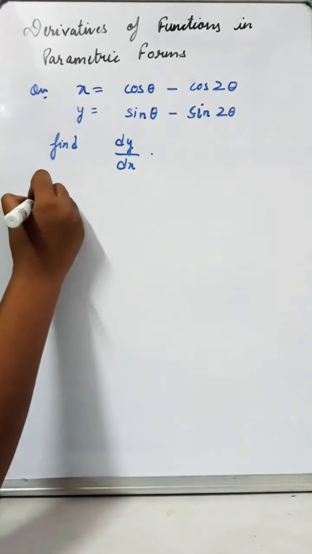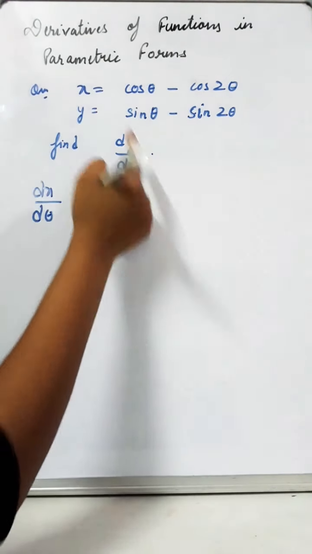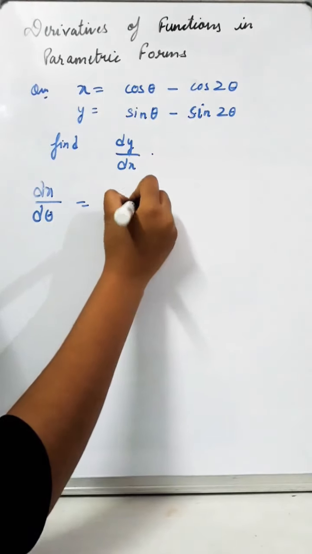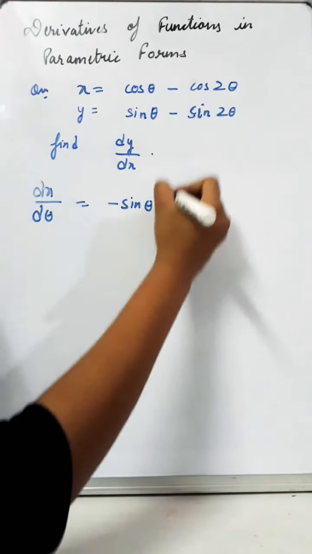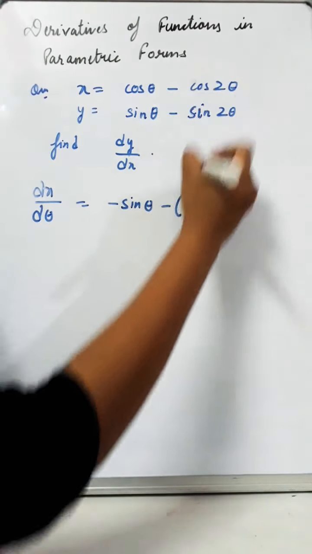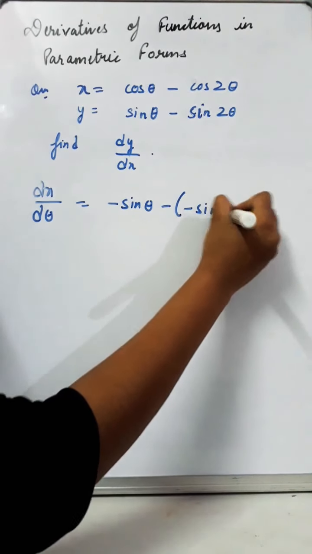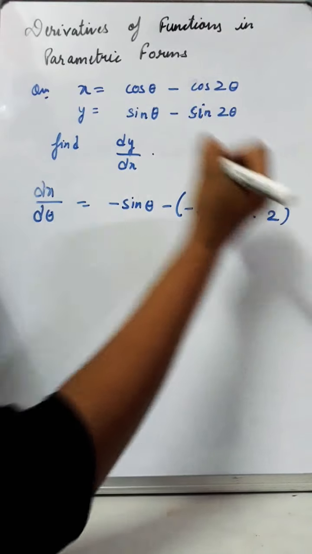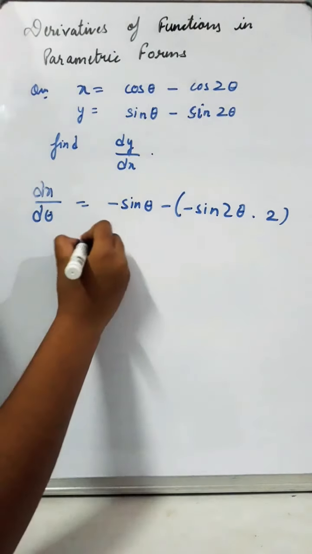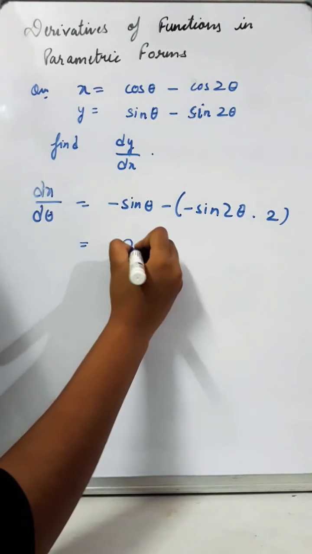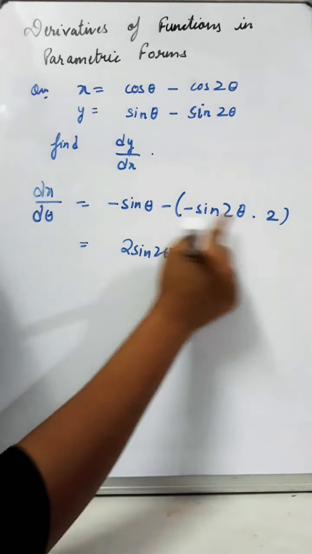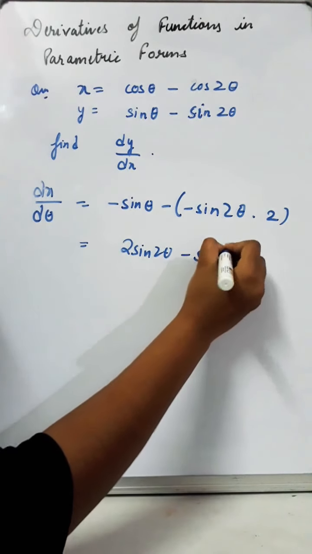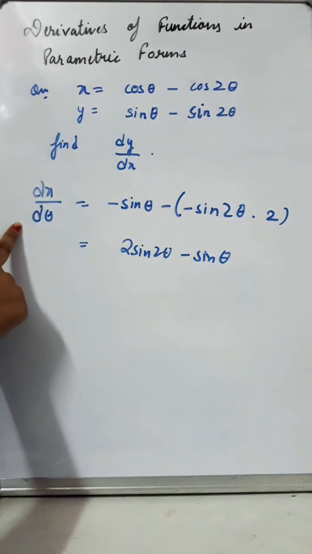So dx d theta means sin theta with a minus sign, minus of minus sin 2 theta, and further 2 theta will be differentiated, which leaves 2 here. So you get 2 times sin 2 theta minus sin theta as dx d theta.